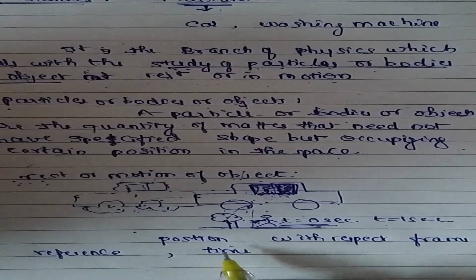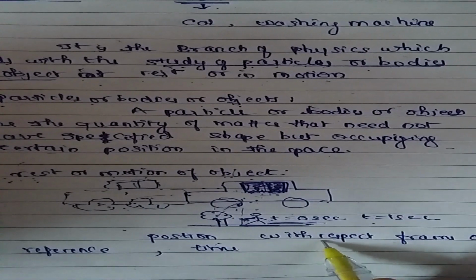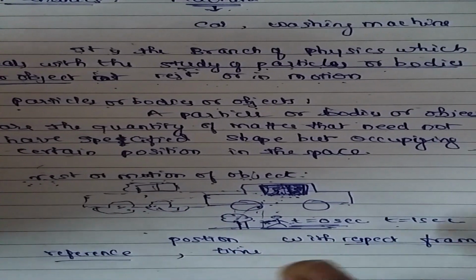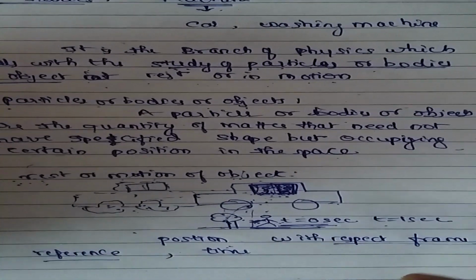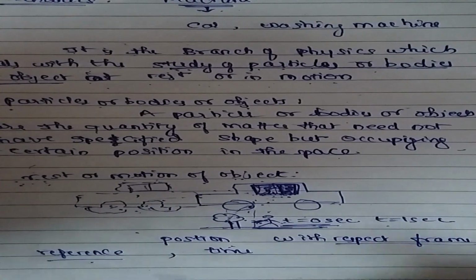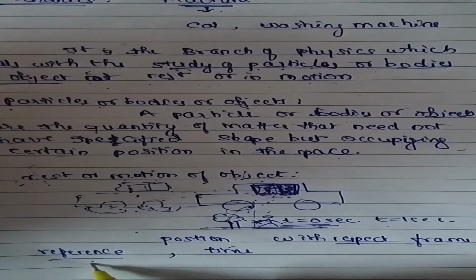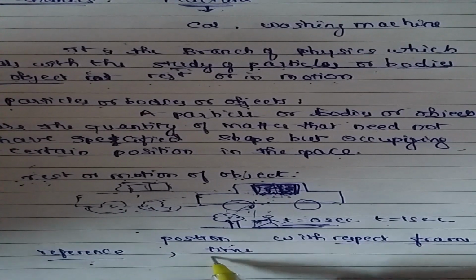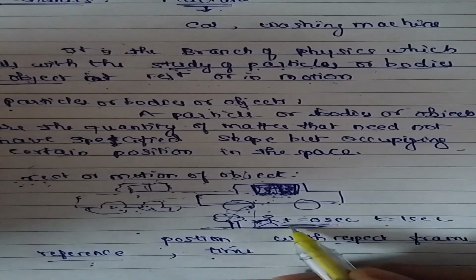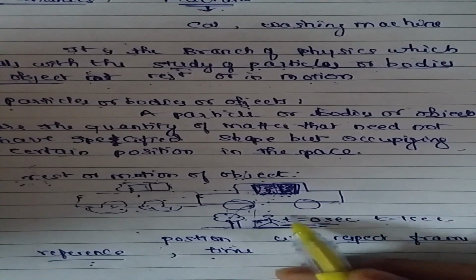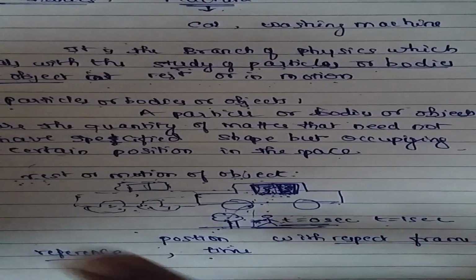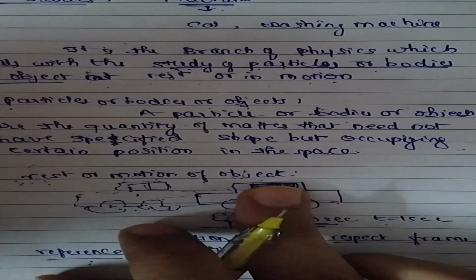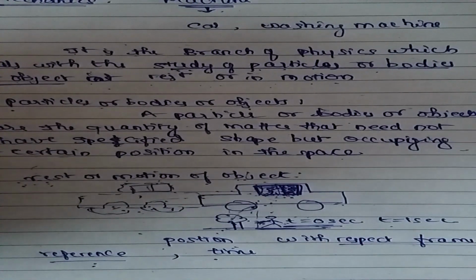These are the two factors. We need some reference frame with respect to which we can define the position, and time: at what time, what is the position of the object? So therefore, rest or motion of the object is defined like this.